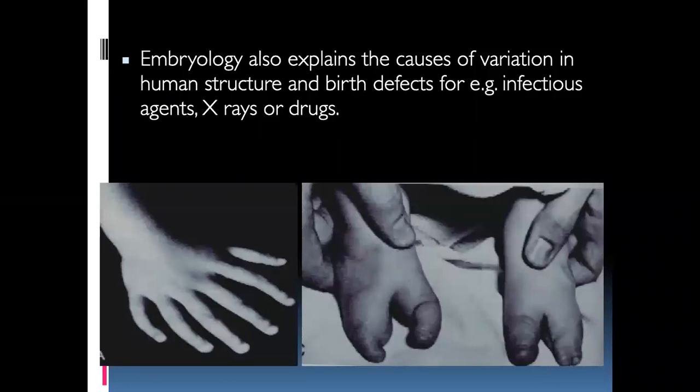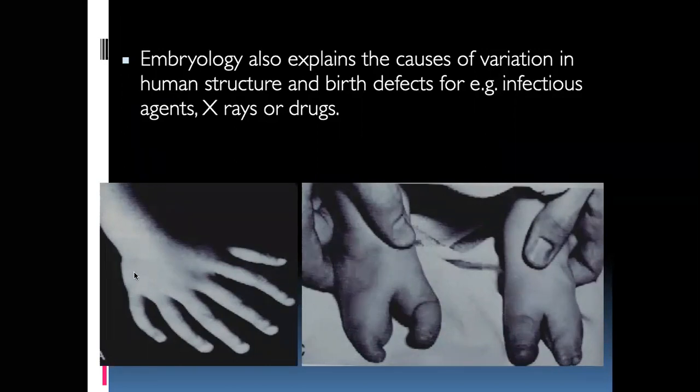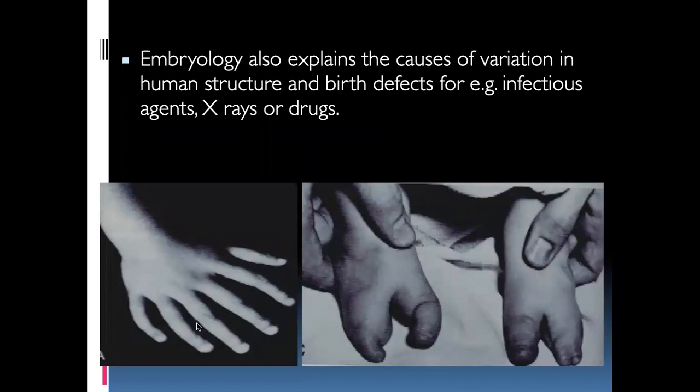Now, a child might come to you with some kind of anomaly, or a child is born with some kind of abnormality. This is called polydactyly, as I told you, numerous fingers. Rather than the usual, we have extra fingers. Sometimes there are fewer fingers. When we look at such abnormalities, we question why this is happening.